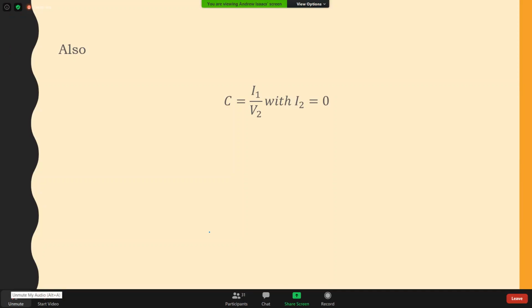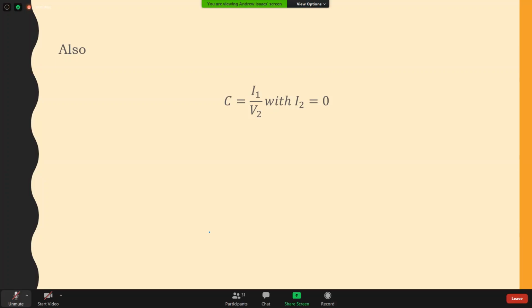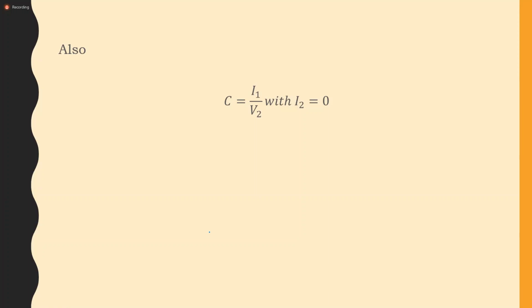Sir, 20 times that, which gives us 100 I1 over 35. And that is also equal to V2, because V2 is the voltage across the 20, isn't it?